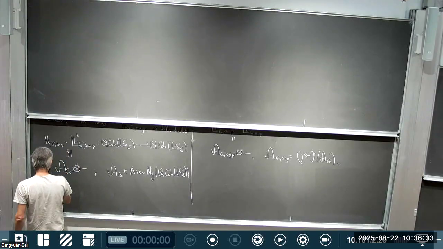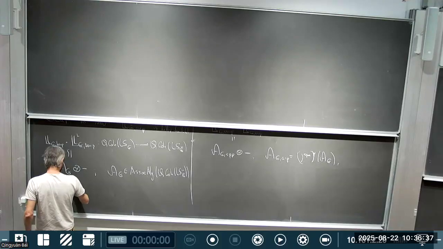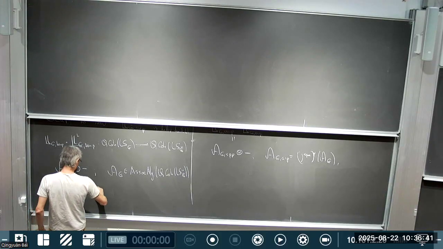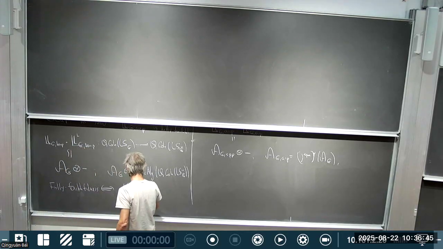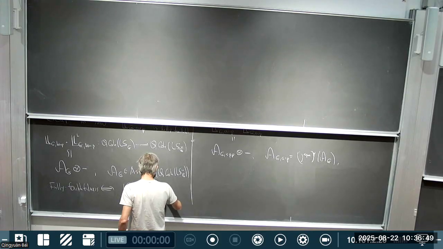Fully faithfulness is the same thing as saying that the unit, namely O of Loc_G check, mapping to AG, the unit map is an isomorphism.